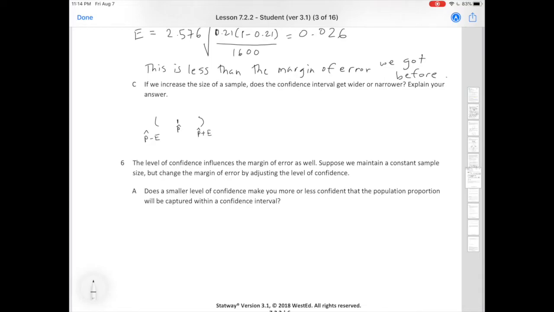So of course, if you make E smaller, then the confidence interval is going to get narrower, isn't it, right? Because you're adding and subtracting a smaller number. So the confidence interval gets narrower as the sample size increases.